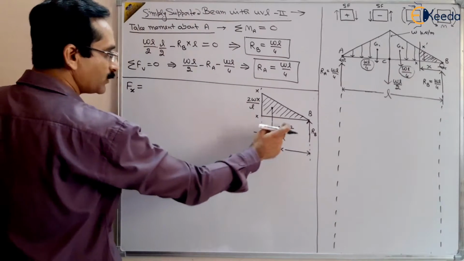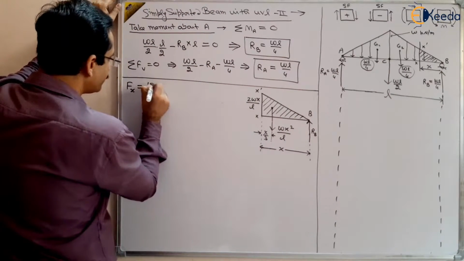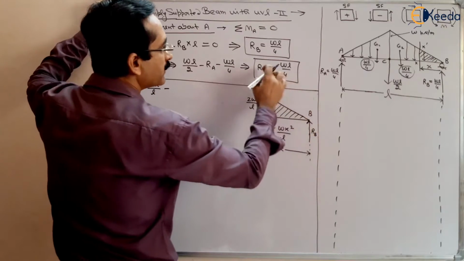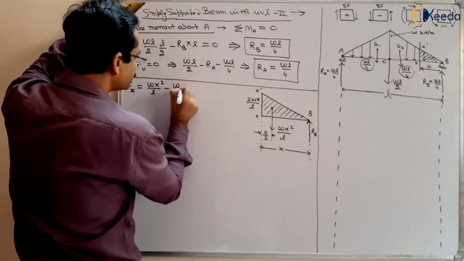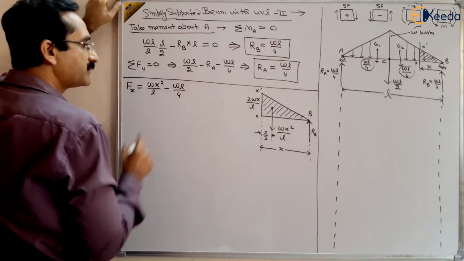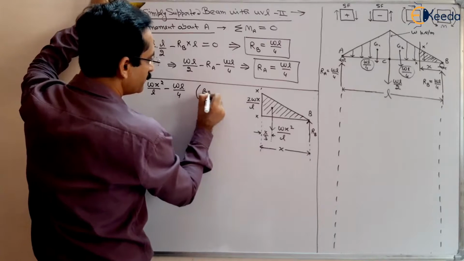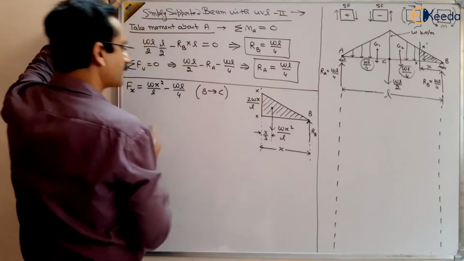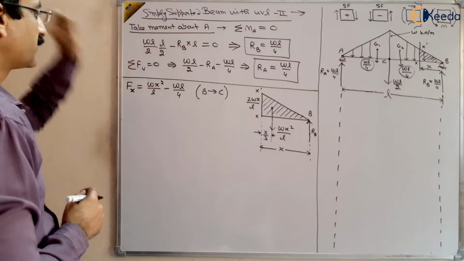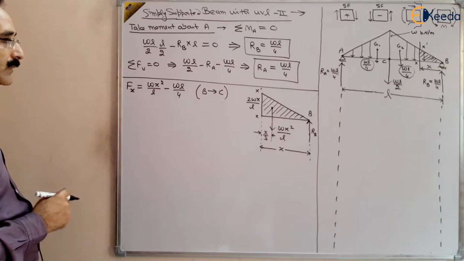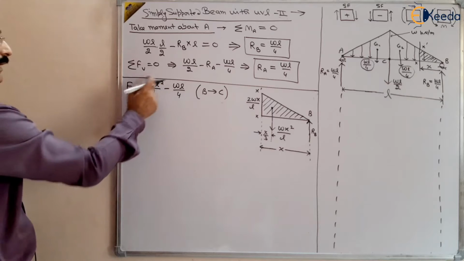So we can write Wx square by L positive minus RB upward, and RB is WL by 4. This is valid from B to C. So this is the shear force valid from B to C, and this is a parabolic variation.